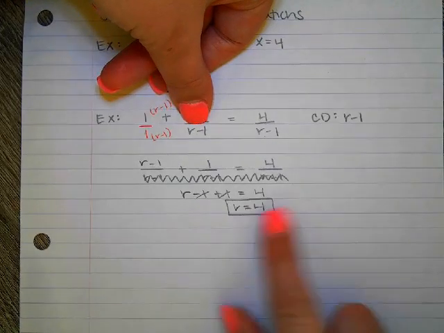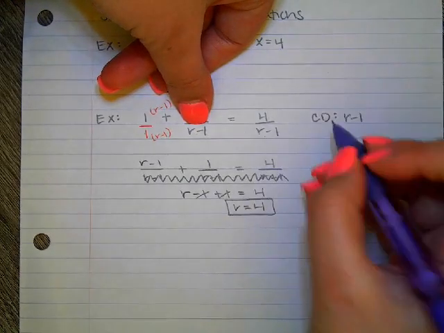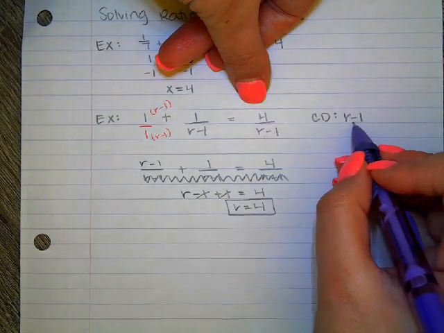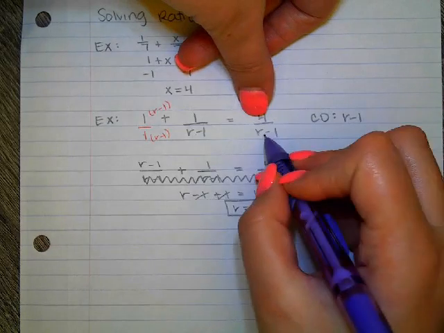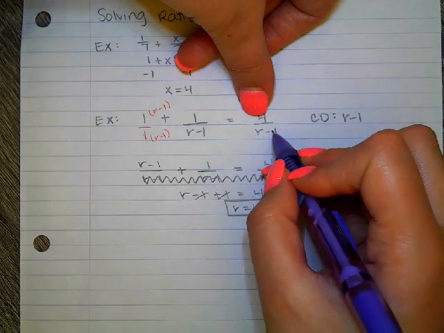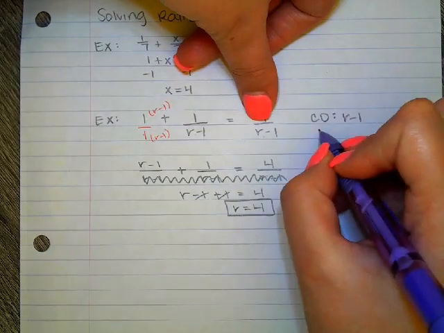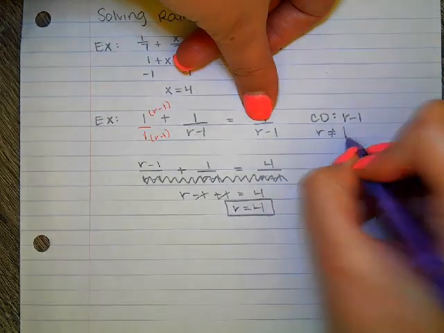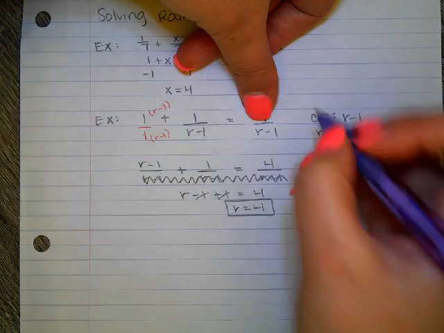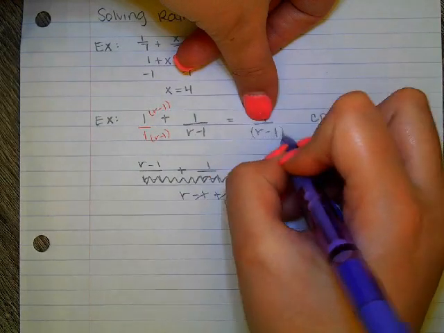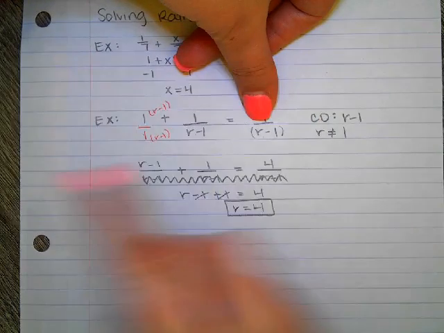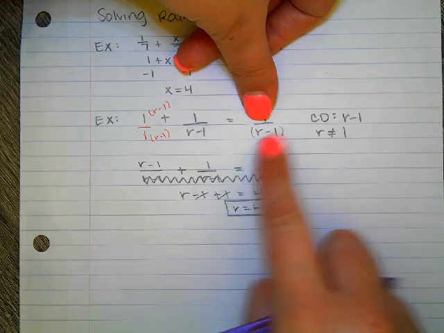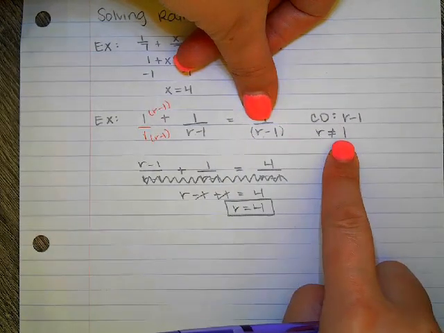Looking at the denominator, we have r minus 1. That means that our excluded value for this problem is r cannot equal positive 1. Because this denominator would have been in parentheses, and for the parentheses denominators, we do the opposite sign, and the opposite sign is positive 1.